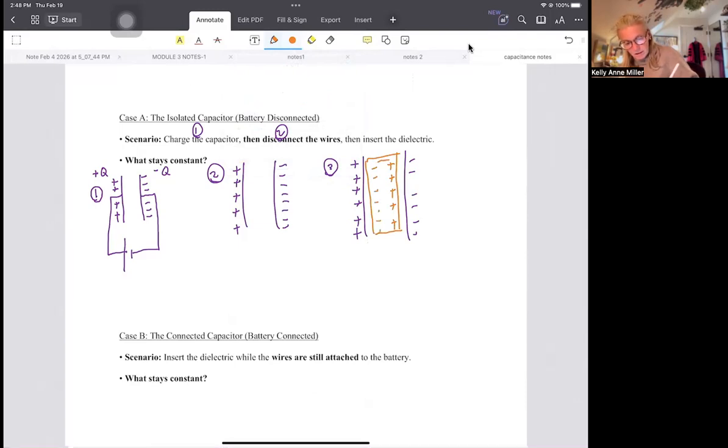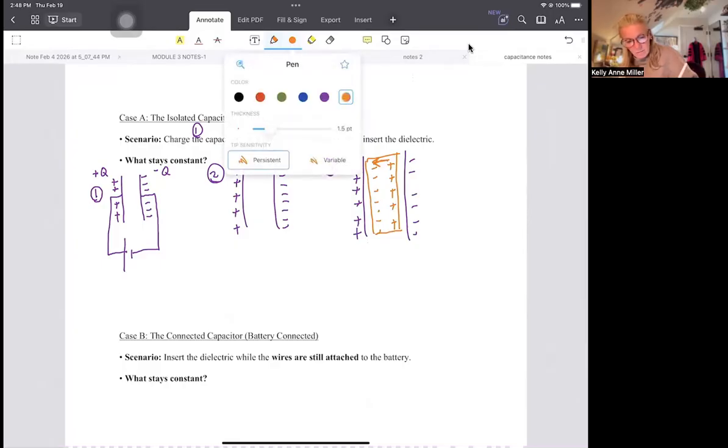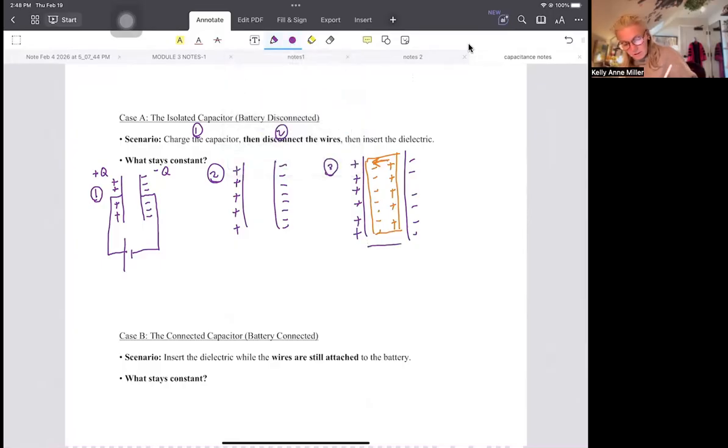Right, so there's going to be an internal field pointing in this direction, and the external field is going to be pointing in that direction. Okay, so let's talk about what changes and what stays the same. The Q on the plates does not change.